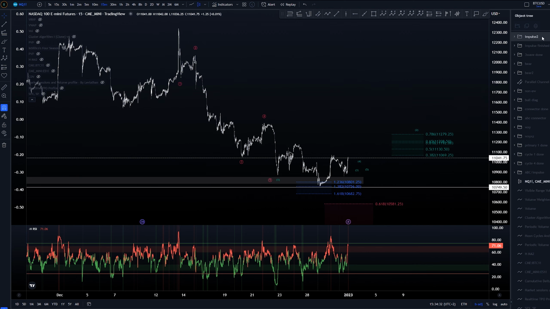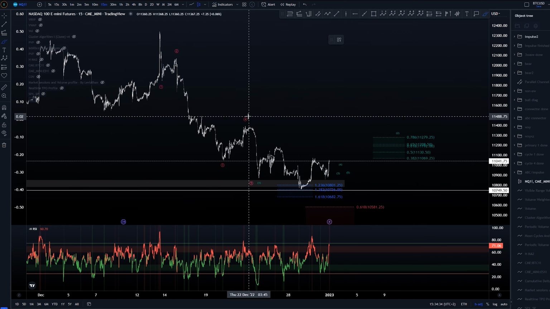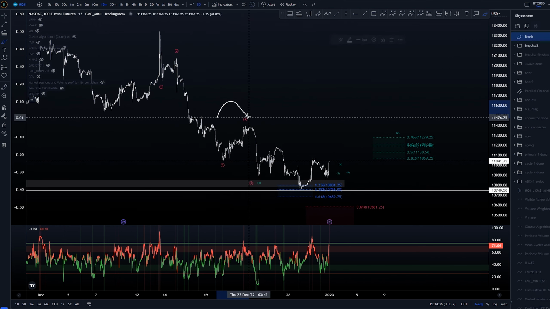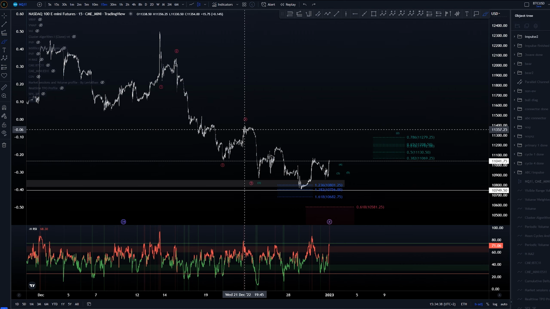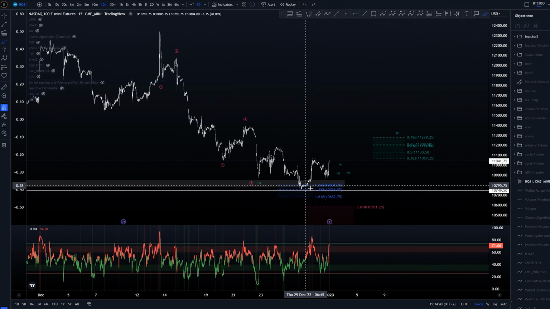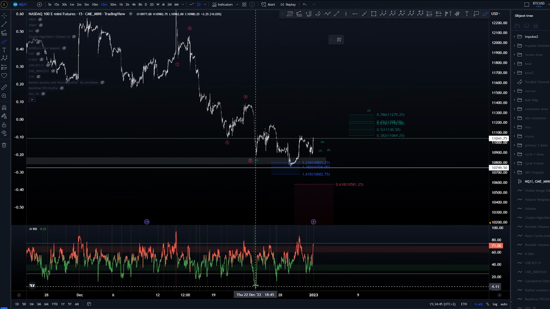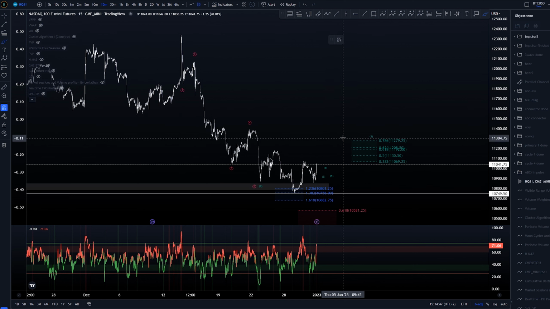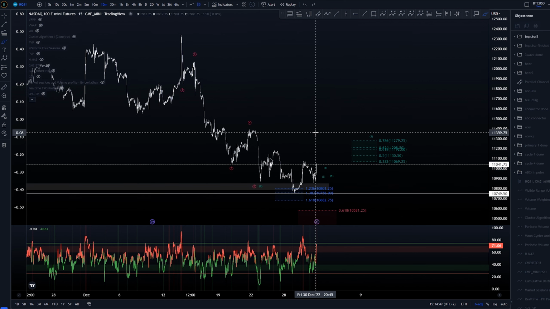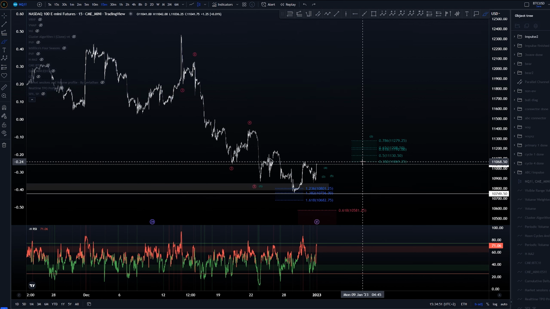Again, this is an alteration of this other impulse, where instead of wave 4 being in here, we would shift it here, and this would give us a wave 1 downwards. At the moment, that is still possible. However, it's getting less likely as we have taken out so much time in here creating this potential wave 2.